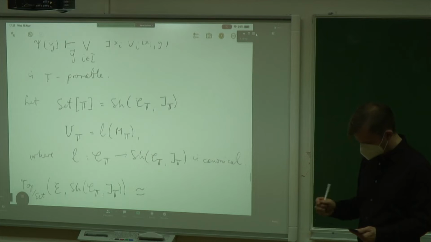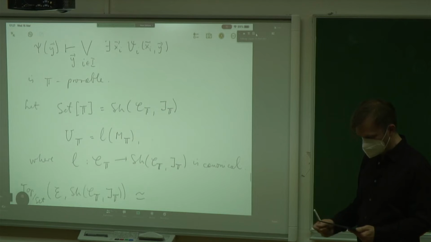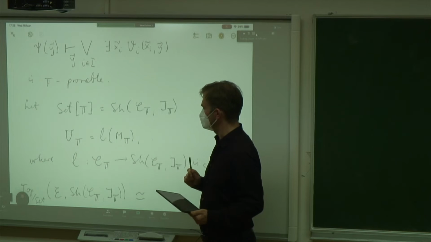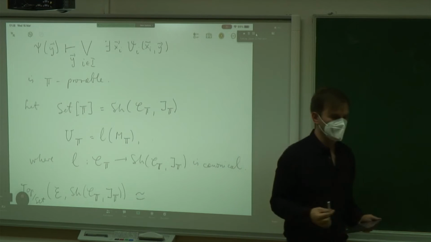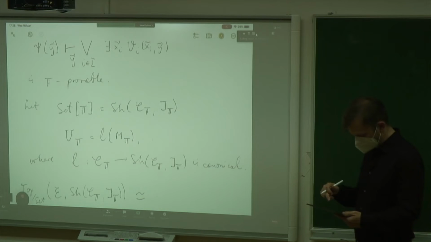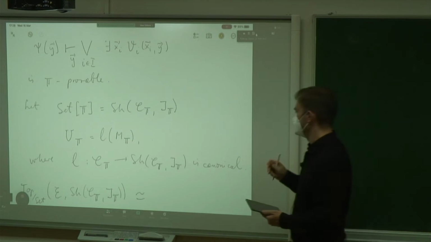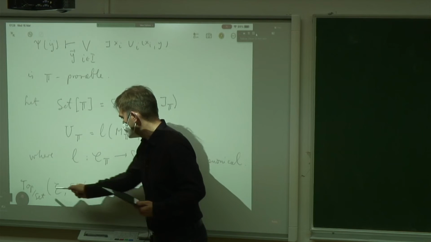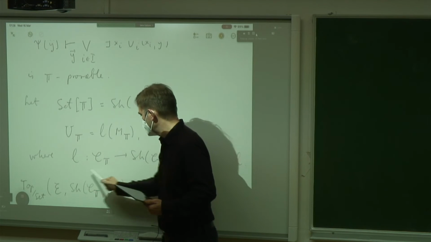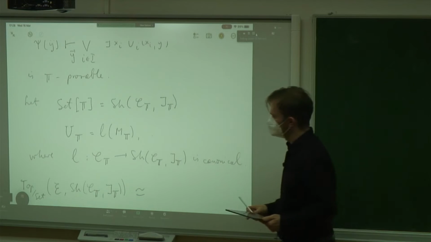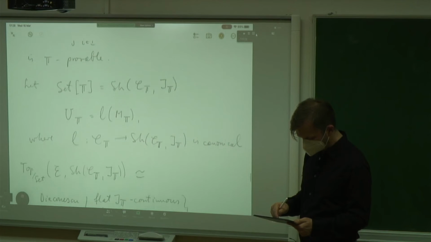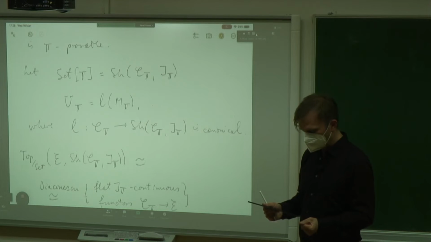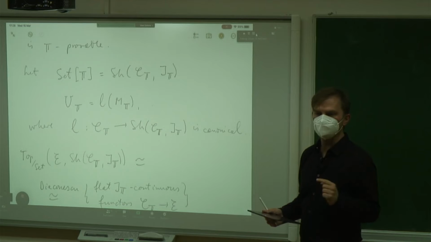Okay, now we claim that this is the classifying topos and that this is the universal model, but we still need to prove the universal property. So we must figure something out about the category of topos morphisms from E into this sheaf category. And luckily, there's a theorem of Diaconescu which explains precisely this situation.